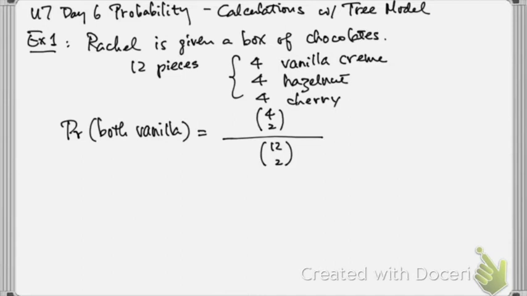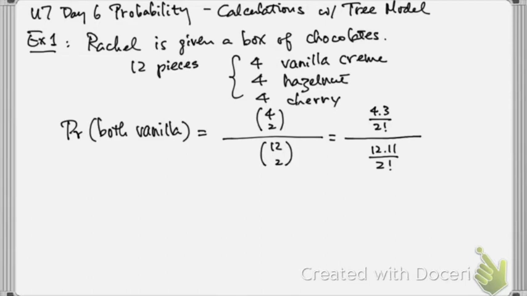So therefore, the probability of both pieces being vanilla would be, in the numerator, 4 choose 2, and in the denominator, 12 choose 2. You remember how the combination formula works. So 4 choose 2 is 4 times 3 divided by 2 factorial, and 12 choose 2 is 12 times 11 divided by 2 factorial.